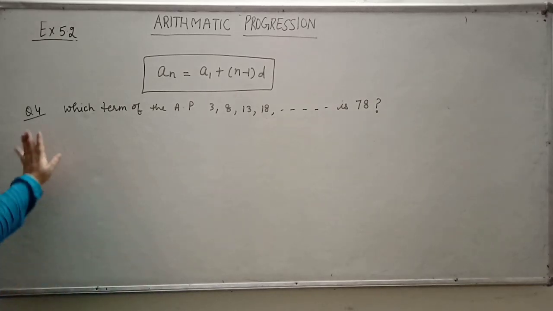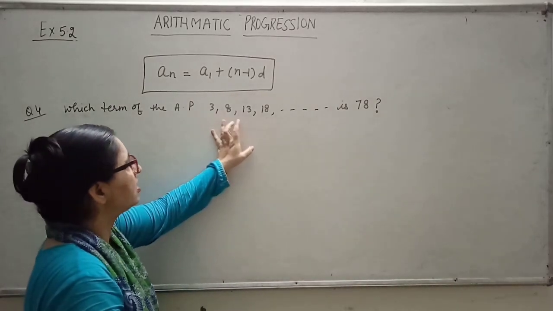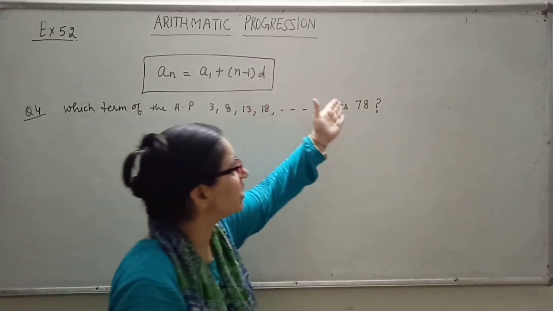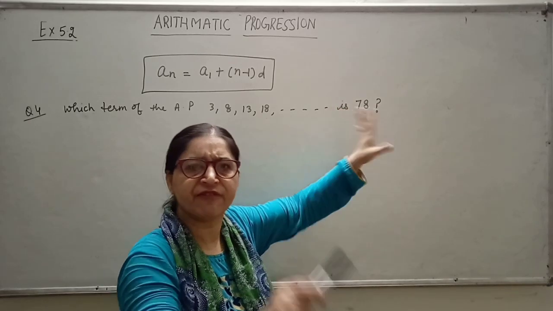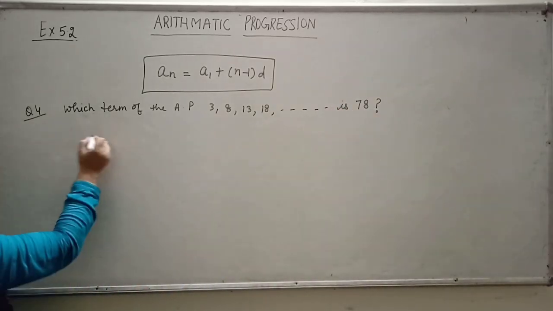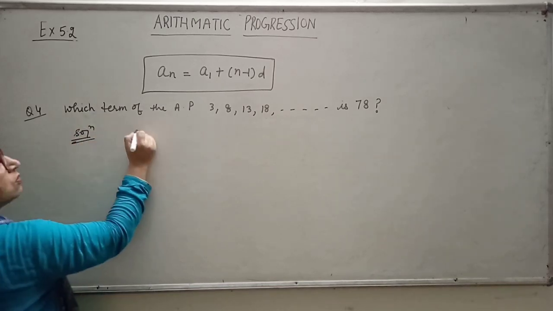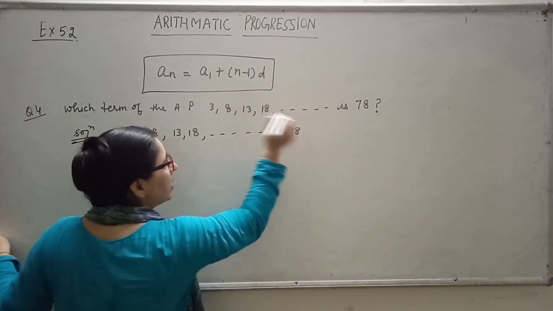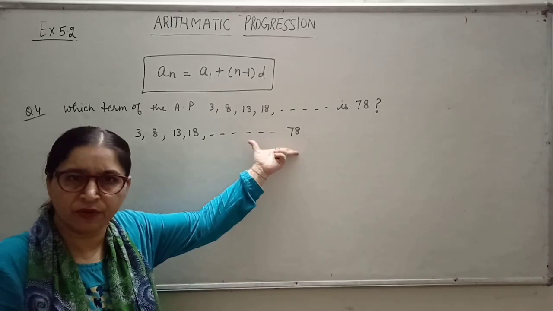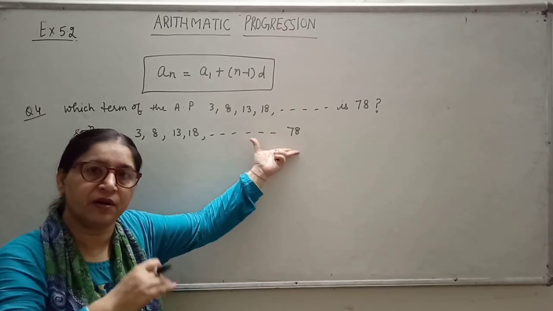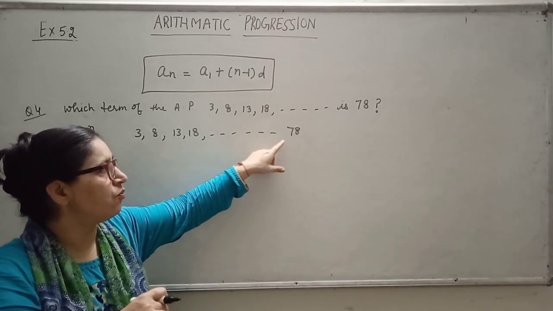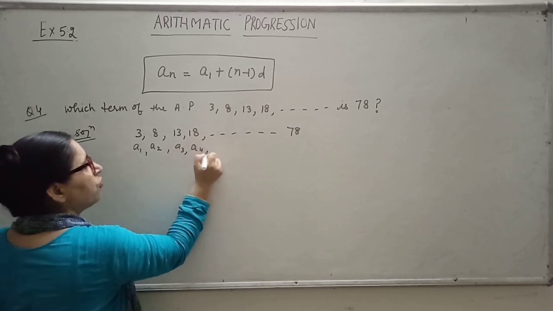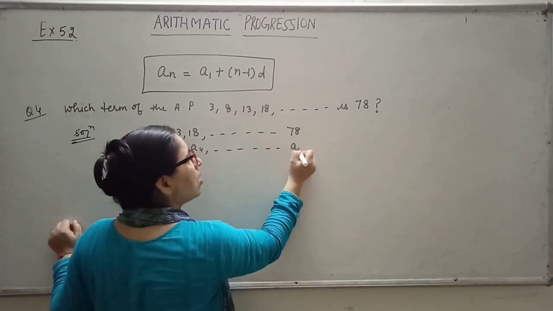हाँ जी स्टूडेंट्स, in this question it is given which term of the AP, ये AP दिया 3, 8, 13, 18, okay, and you are to find out which term is 78, यानी कि अब इसकी एक हमें टर्म दी हुई है 78, हमें वो पता करना है कि क्या है। चलिए हम इसको दोबारा लिखते हैं, let us do like this, rewrite कर रहे हैं हम इसको, and this I consider this is my last term AN, मुझे पता ही नहीं कौन से नंबर पर, I don't know, and I have to find out at which number this term lies, okay, so I want to find out, suppose this is A1, this is A2, this is A3, this is A4, and I don't know at which number this is, so I will write down AN.